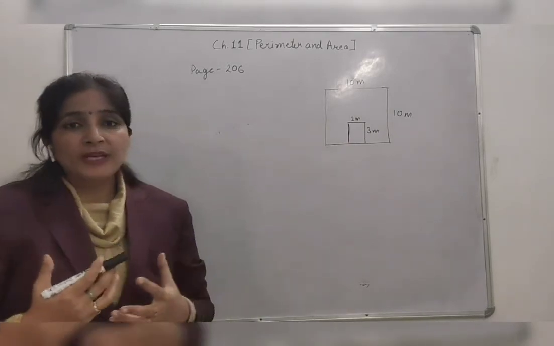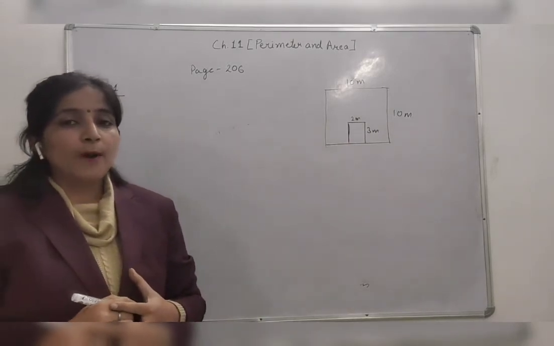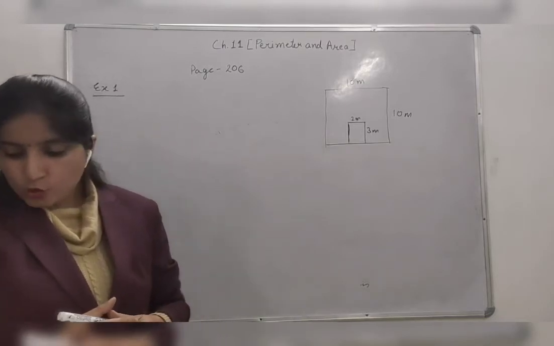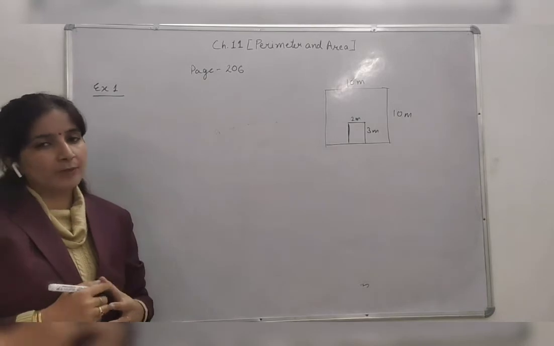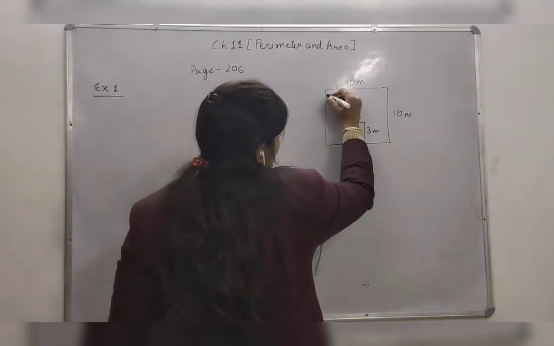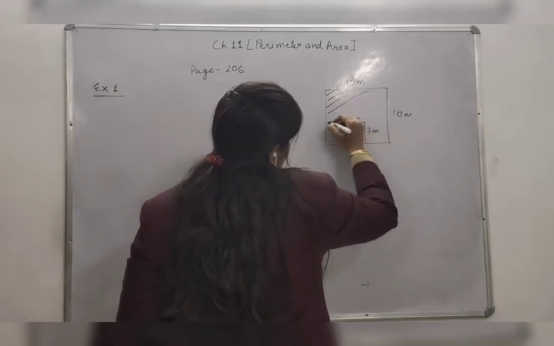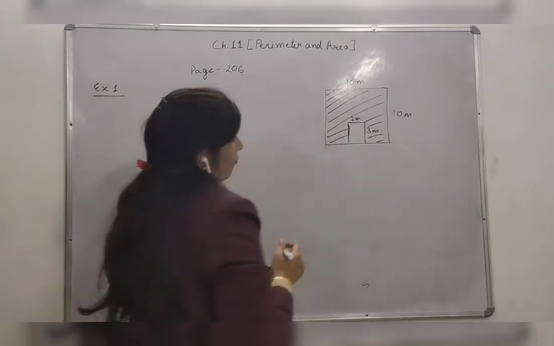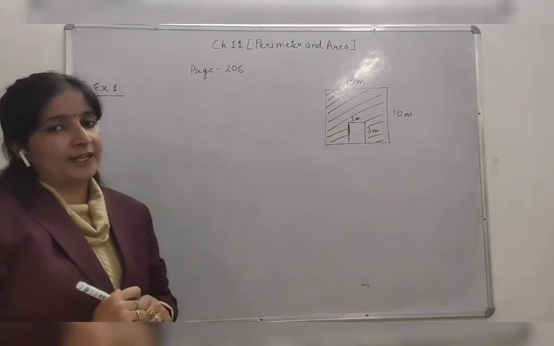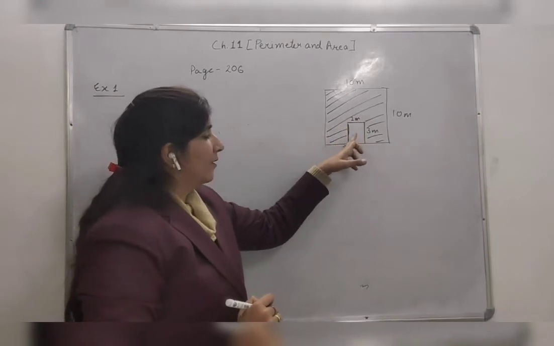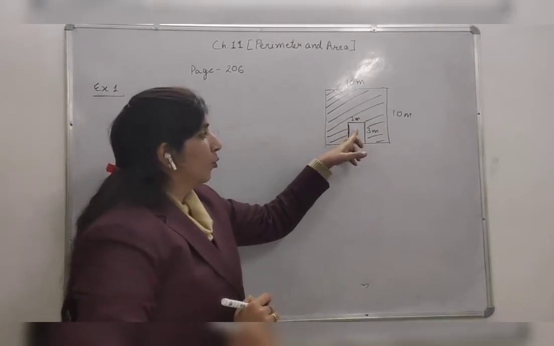Now, we have been given the cost per meter square for painting the wall, and that is 2.50 for 1 meter square. We need to find the total cost of painting the wall only. So it means we need to leave the door in this case. So we need to find the area of the wall only, and we have to cut the door area.